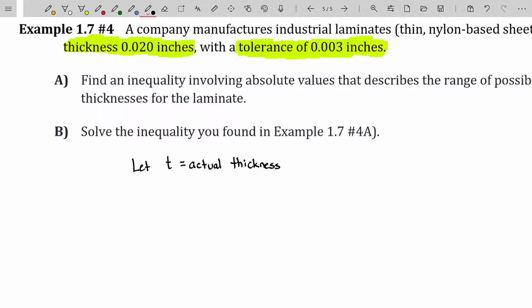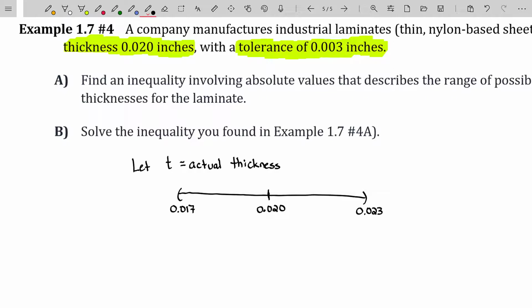Think about this. If your target is 2/100ths of an inch, you're willing to accept a wiggle room of up to 3/1000ths of an inch away. In other words, add 3/1000ths or subtract 3/1000ths, and you're willing to accept thicknesses within that interval.